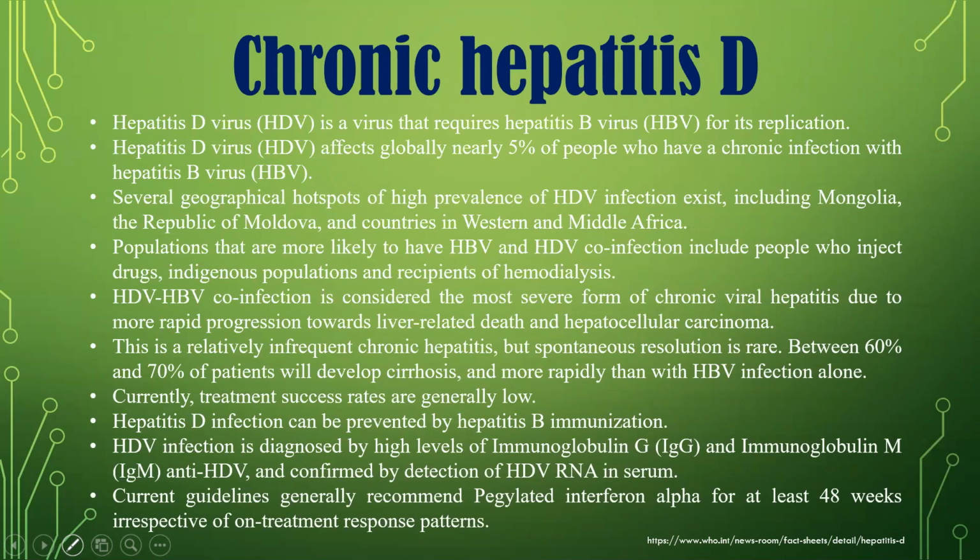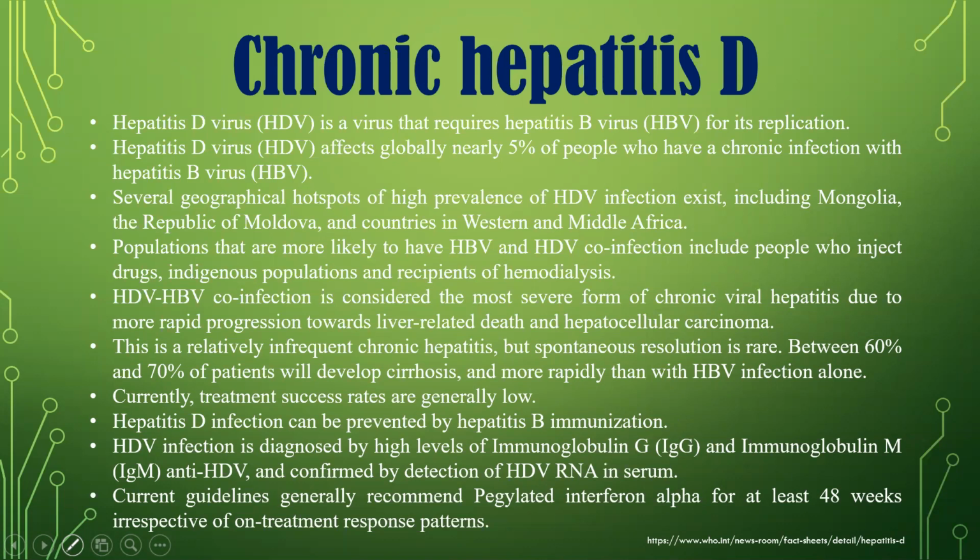Hepatitis D virus is a virus that requires hepatitis B virus for its replication. It affects globally nearly 5% of patients who have a chronic infection with hepatitis B. Several geographical hotspots of high prevalence of D infection exist, usually Moldova, Mongolia, and countries in Western and Middle Africa.